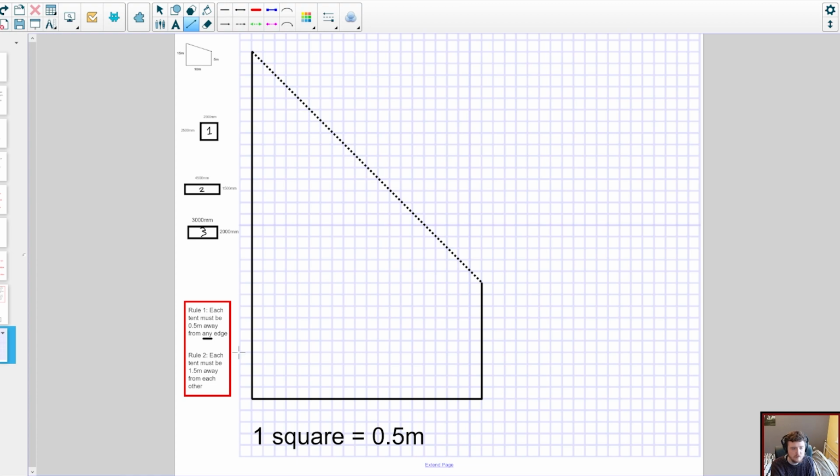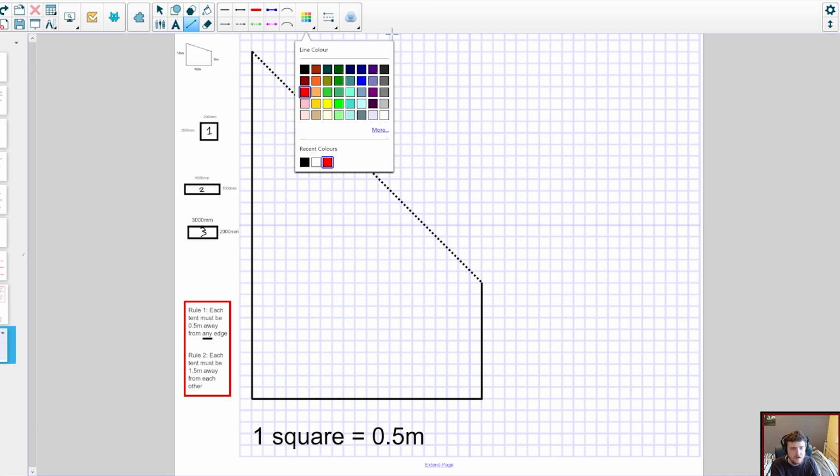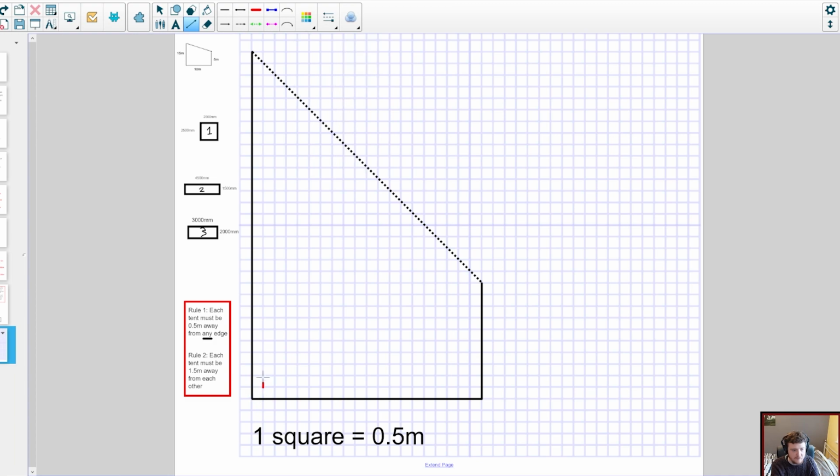And we've got our 2 rules to follow. Each tent must be 0.5 meters away from any edge. So I'm going to mark off the parts, and I'm going to do this in a different color. Obviously, you have to draw in pencil, but just to demonstrate, I'm going to show you. If 0.5 meters is 1 square, then I have to be at least 1 square away from any edge.